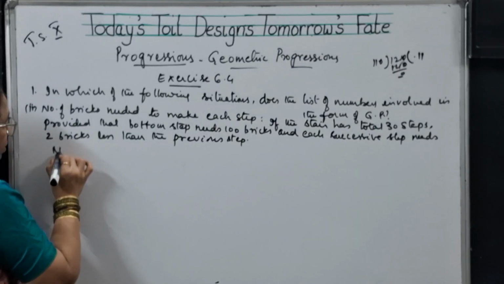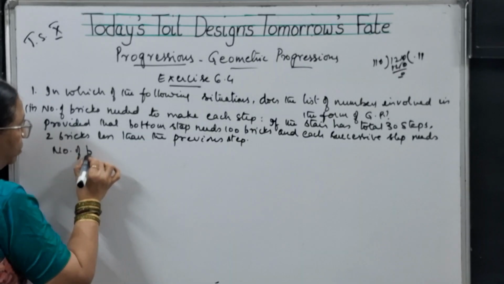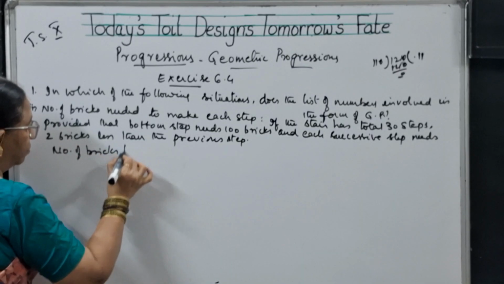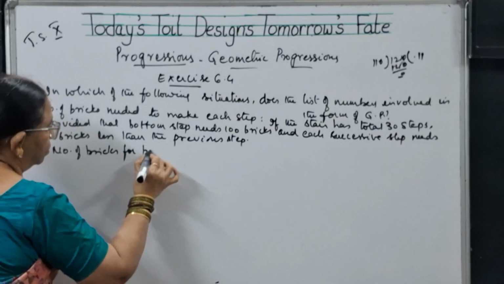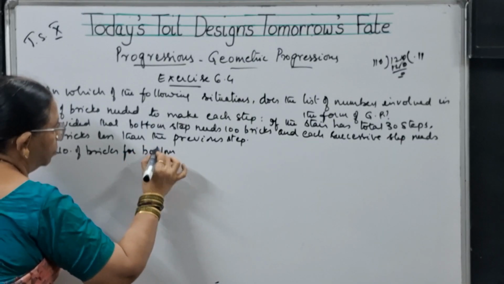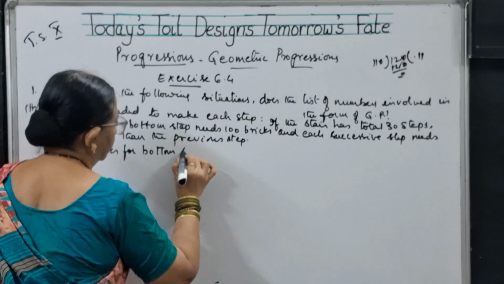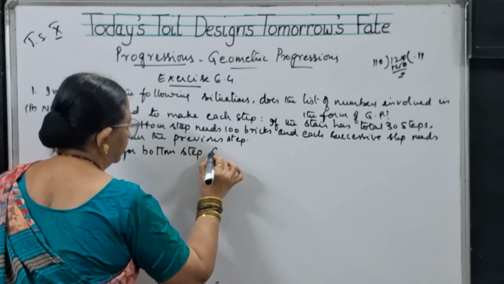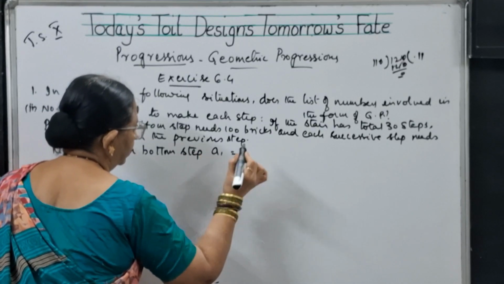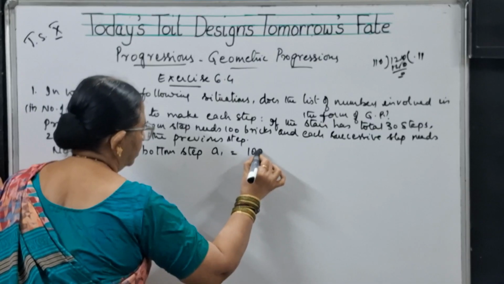So let us see the number of bricks for the bottom step. Let me consider it as A1. A1 is how much? 100.